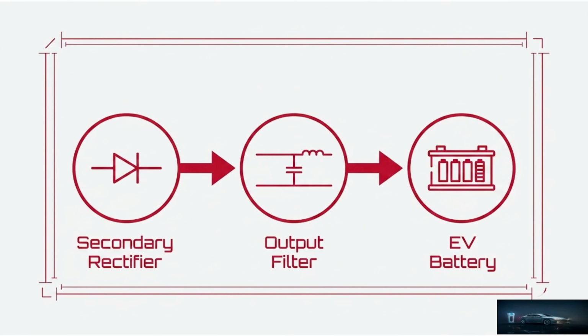Okay, so these are a couple of questions that should come to our mind after discussing all these points in our last videos. First, which stage do you think is the most important for safely charging the EV battery, and why? Think about this. If the bridge rectifier converted AC to DC already, why do we need all the stages after it?